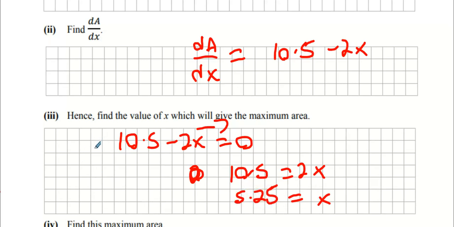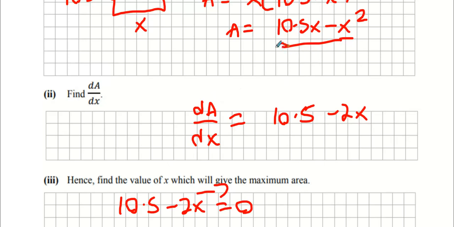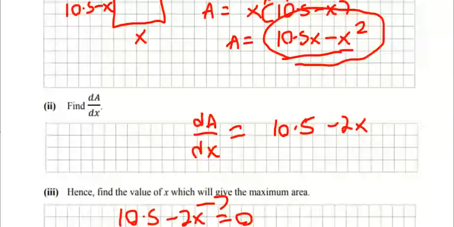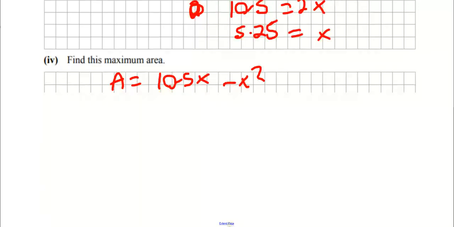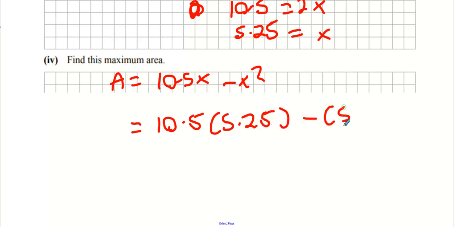Now, to find out what your area is, well, we have a formula for the area. Here it is here. Area equals 10.5x minus x squared. So what we can do here is we can do 10.5 multiplied by x, which is 5.25, take away x squared, which is 5.25 squared.